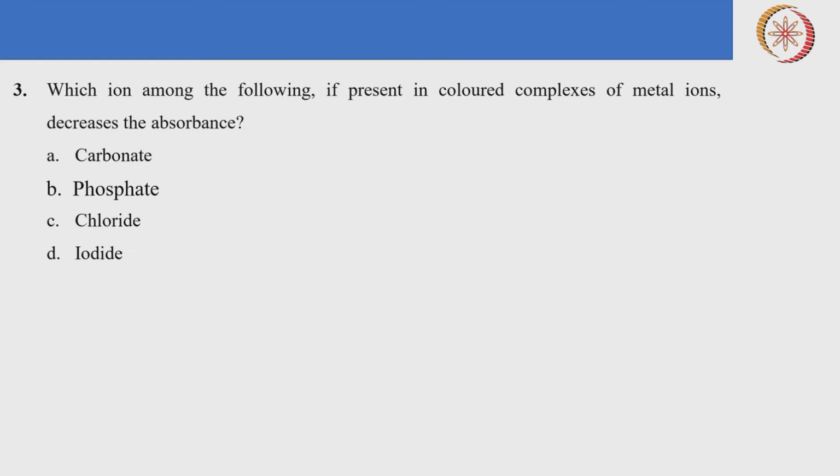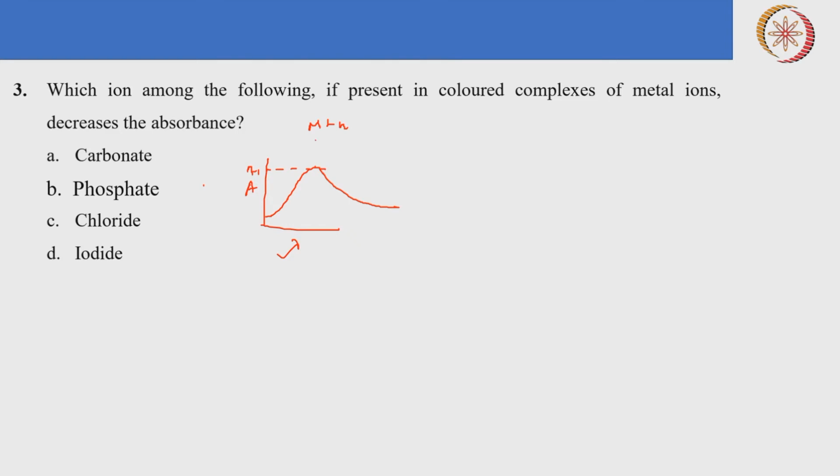Here something is there which can decrease the absorbance. Suppose you have an absorbance spectrum against lambda, and there is a colored compound with this absorbance value.